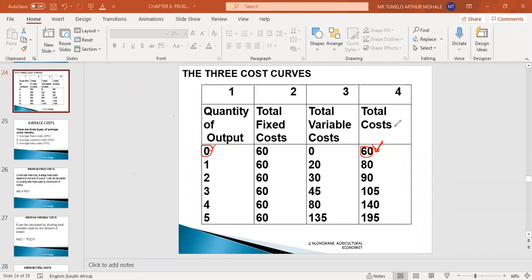Even off-campus landlords were still taking money from the students. So you are not producing anything, you are not using that particular resource, but you are incurring costs. Those are the fixed costs. You pay whether you produce or you don't produce. Do you understand?